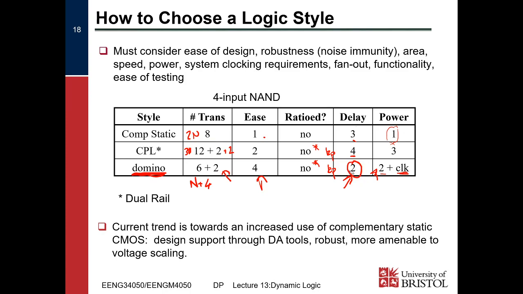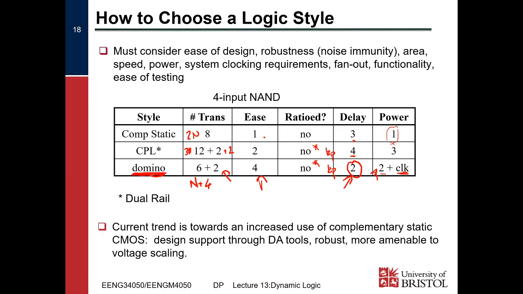Because the delay is so low relative to the other schemes, we see that dynamic logic generally tends to show up in adders and multipliers in the critical path of your circuit, specifically in the arithmetic logic units of CPUs, anything which is very easy to design, because it's not easy to design dynamic logic, but things like arithmetic logic units, multipliers, where it's very simple logic that's multiplied multiple times over.